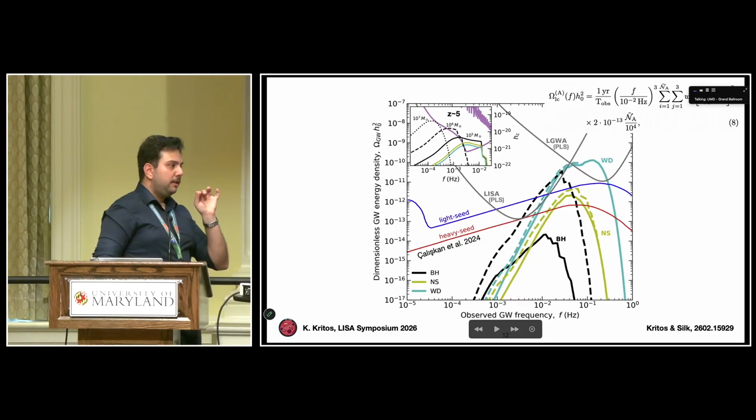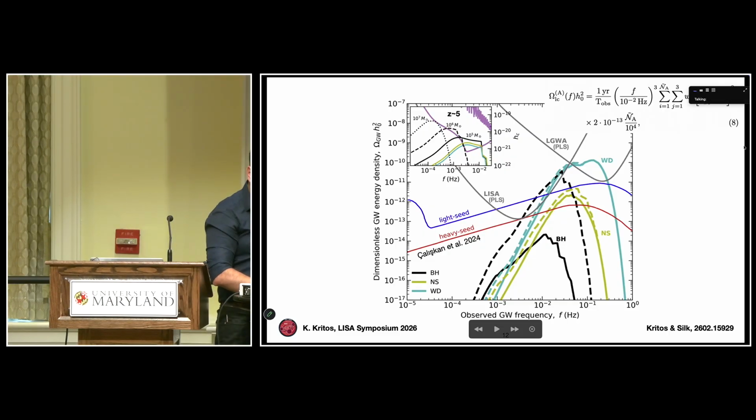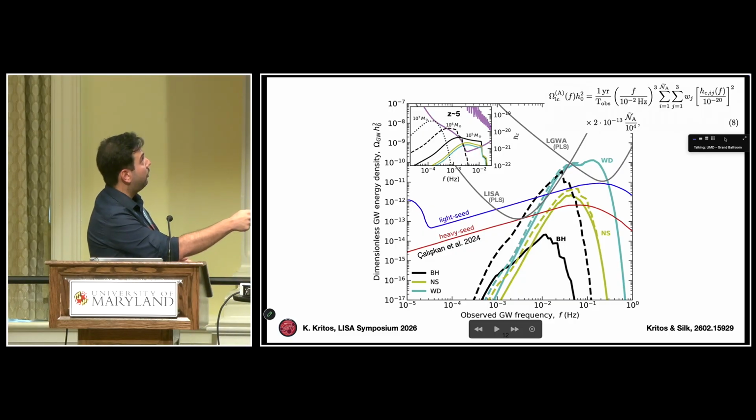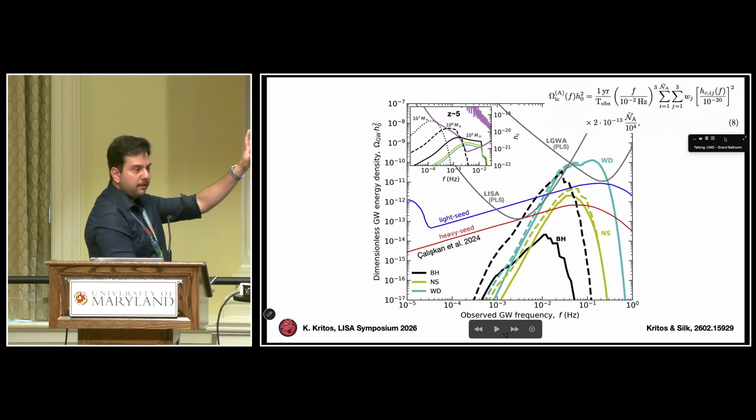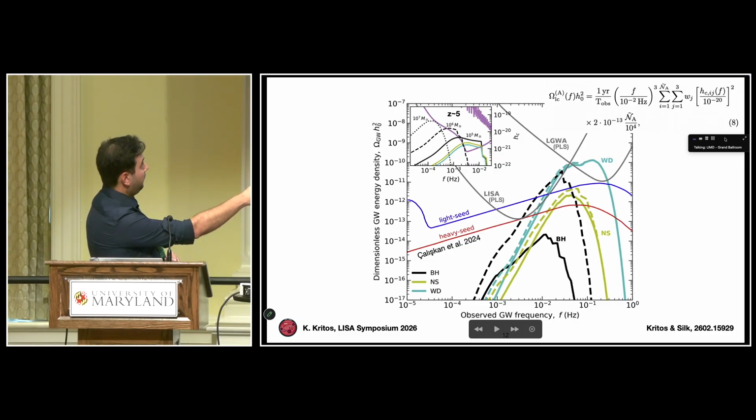Each event may not be easy to detect individually, but if we sum over all the unseen, the undetectable events, and here you have to make some assumption of what detectability means, it's just an SNR cut, an order of magnitude, but these are the backgrounds.